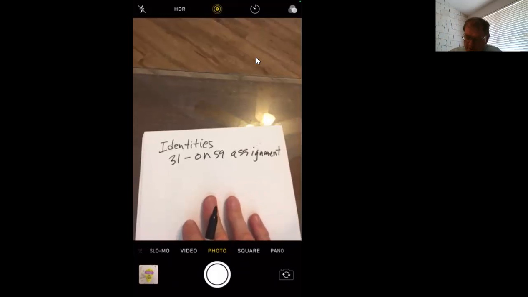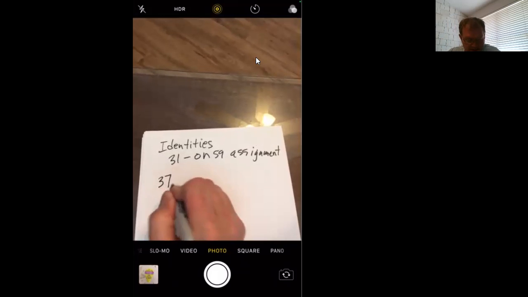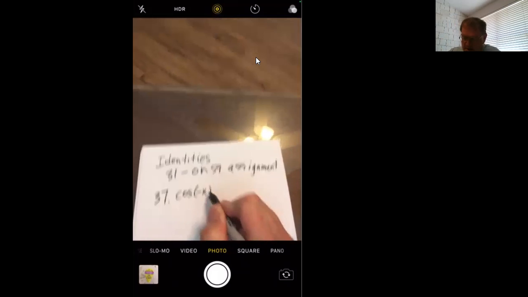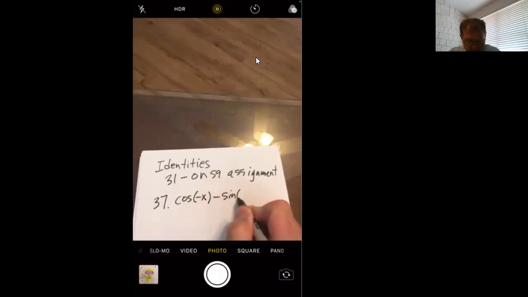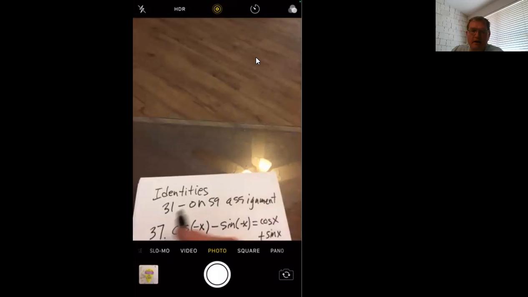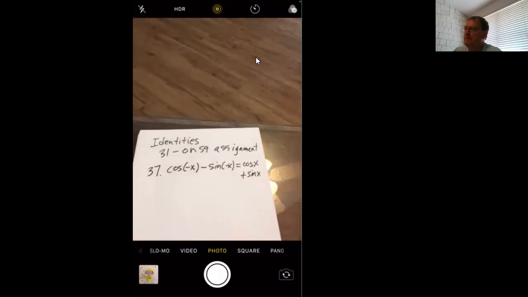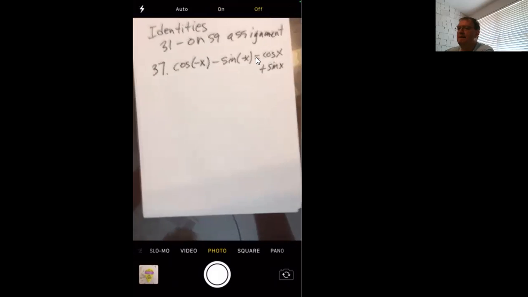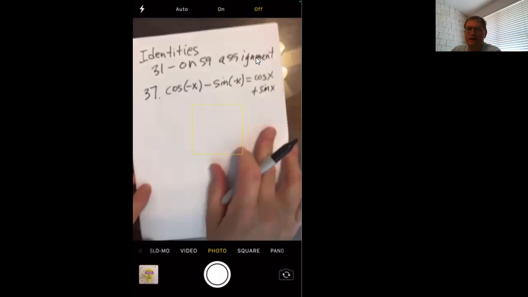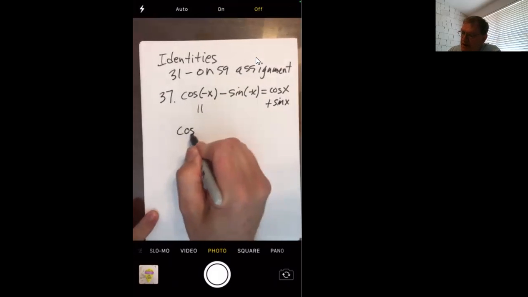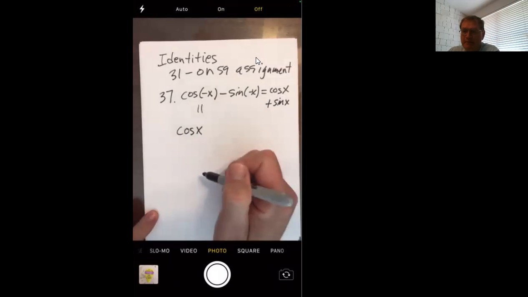Let me think. Why don't we try one like 37? I don't remember mentioning the even odd ones. You got a cosine of negative x. A sine of a negative x is equal to a cosine. This was so easy, it's hard. If you'll remember, this is equal to a cosine of x because cosine's even.